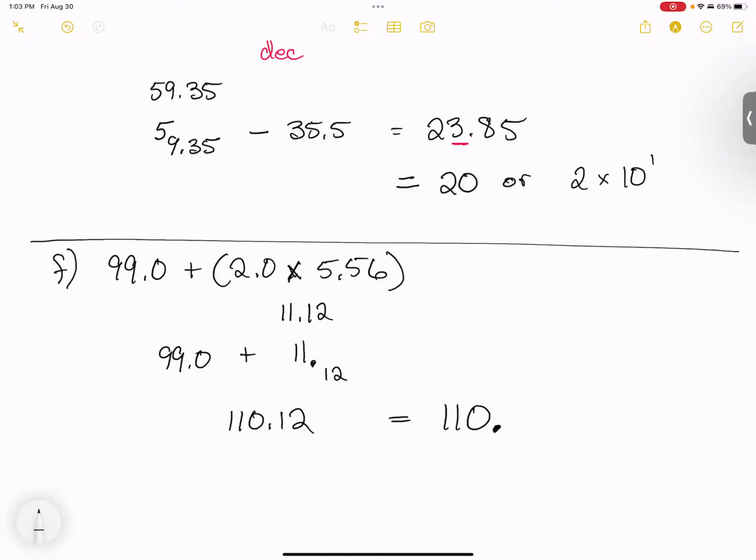Down here, 99 and 11 add up to 110. So by the rules, it's 110 with the decimal, because I wanted you to know what's to the left of this.